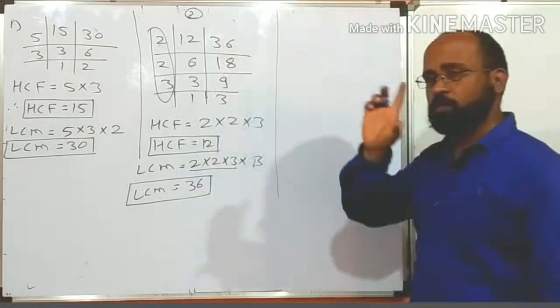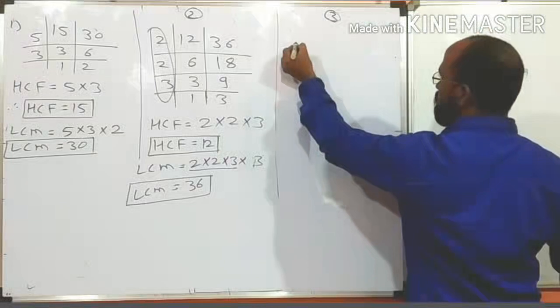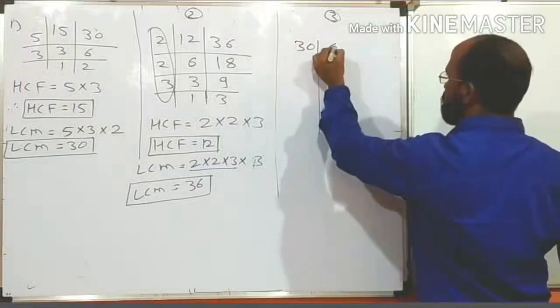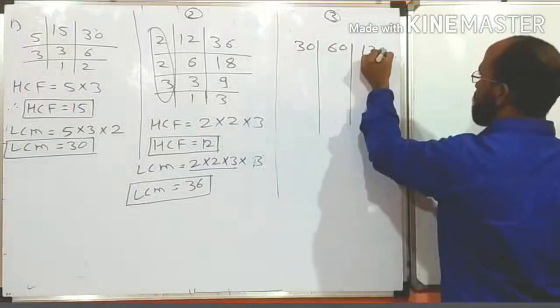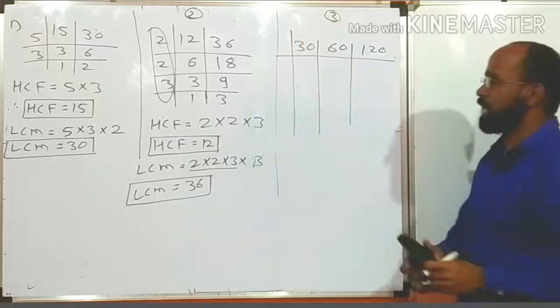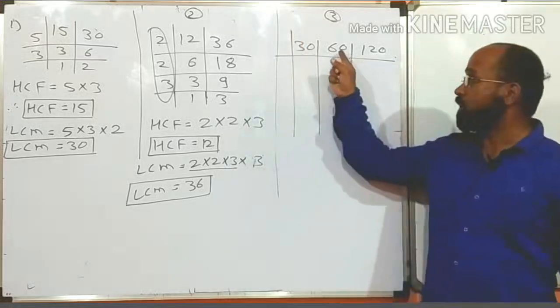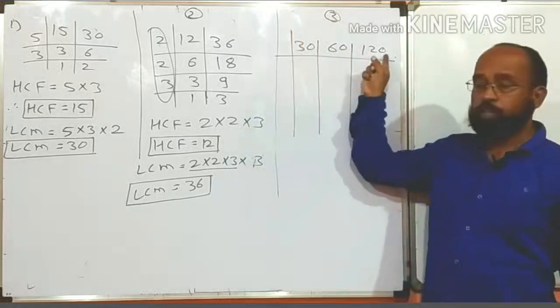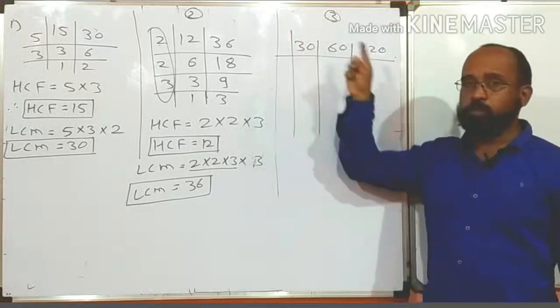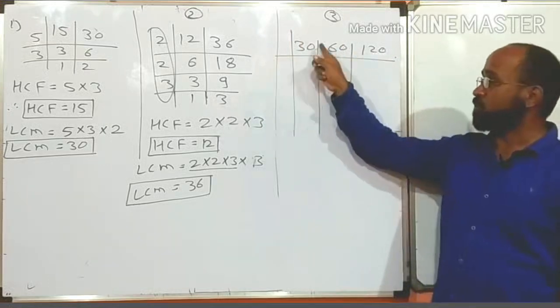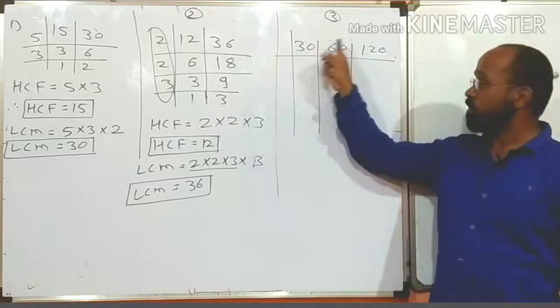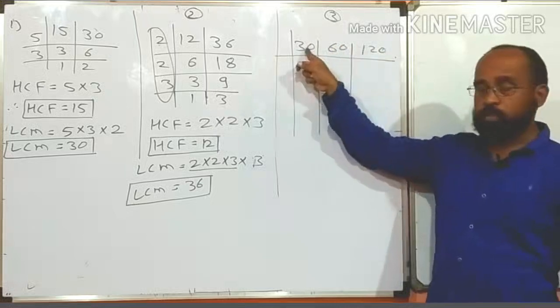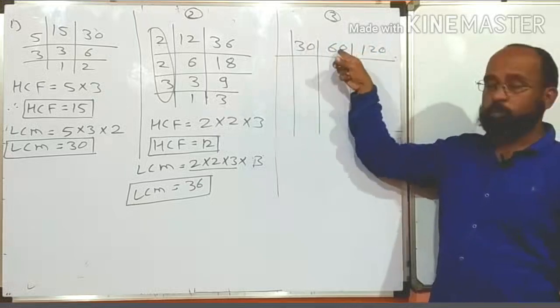It will be much clearer with the last example. Suppose the numbers are 30, 60, 120. See, in this example, all bigger numbers 30, 60 and 120 are divisible by smaller numbers. So 60 is divisible by 30. 120 is also divisible by 30. 120 is also divisible by 60.